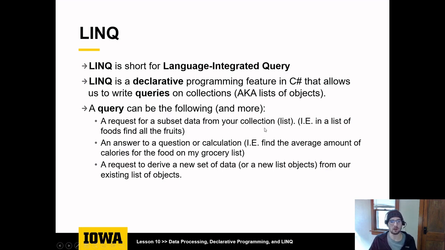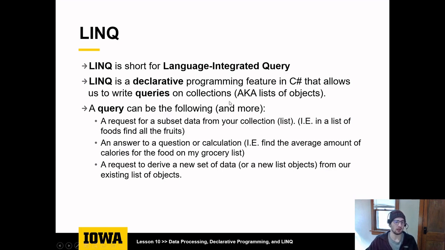Okay, so if you have a grocery list, you could write a query for your grocery list and say, of this grocery list, find me all the fruits on my grocery list. Okay, so there's your query. It's like a question you're asking your grocery list. Another thing you could express in your query is a question you want an answer to, or a calculation.